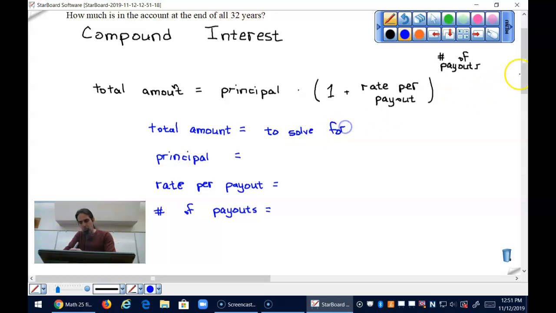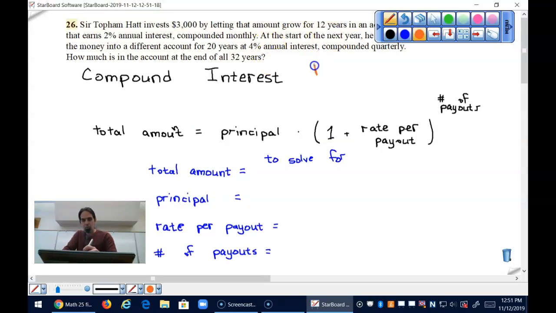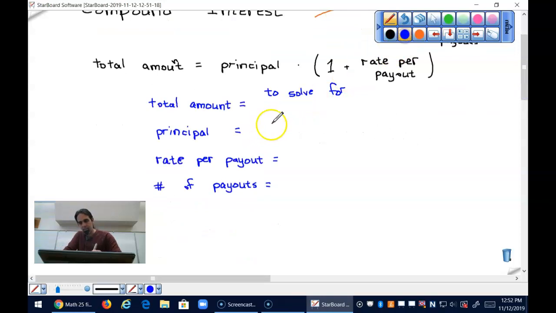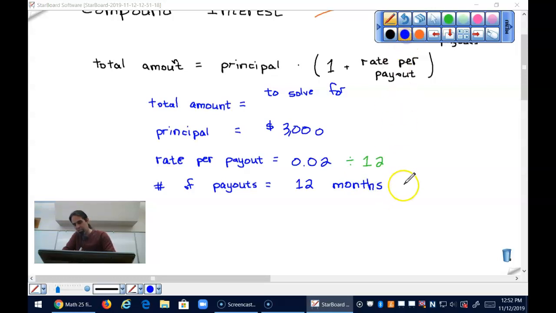Solve for, so this is part A. That should be green.